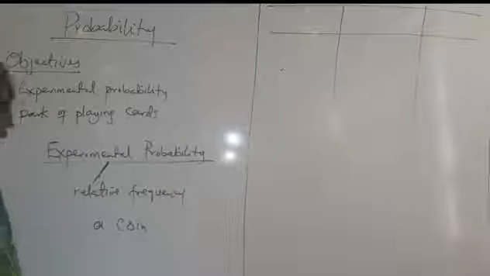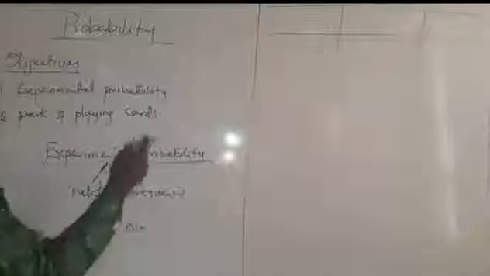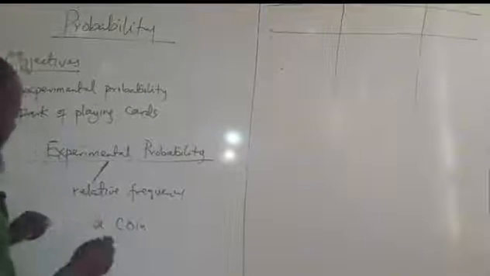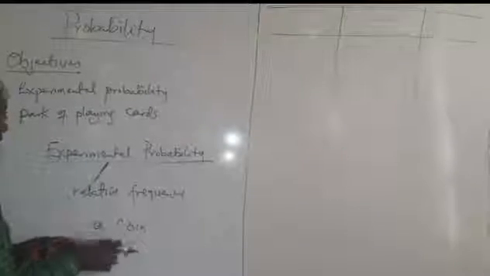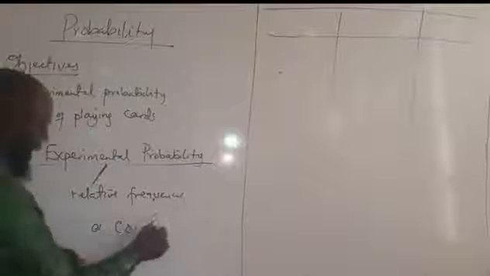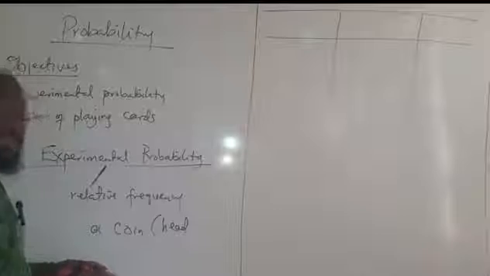We want to toss the coin so many times, so we want to see what will be the outcome. For that coin, we want to check what will be the outcome on head. Particularly, we want to look at head.